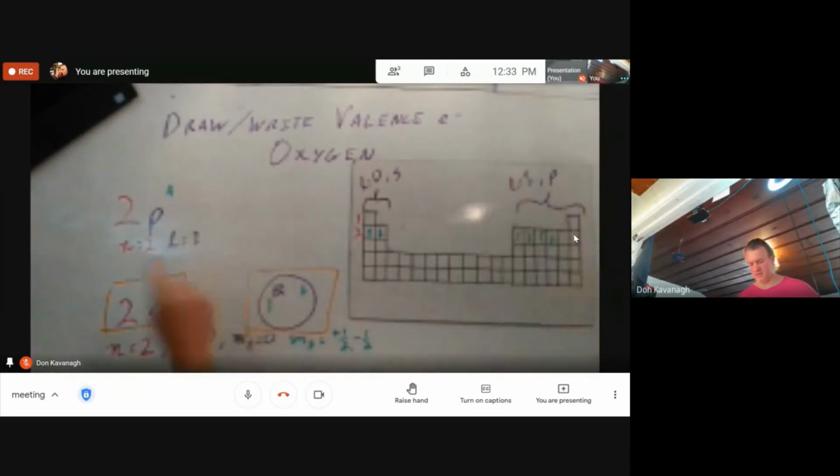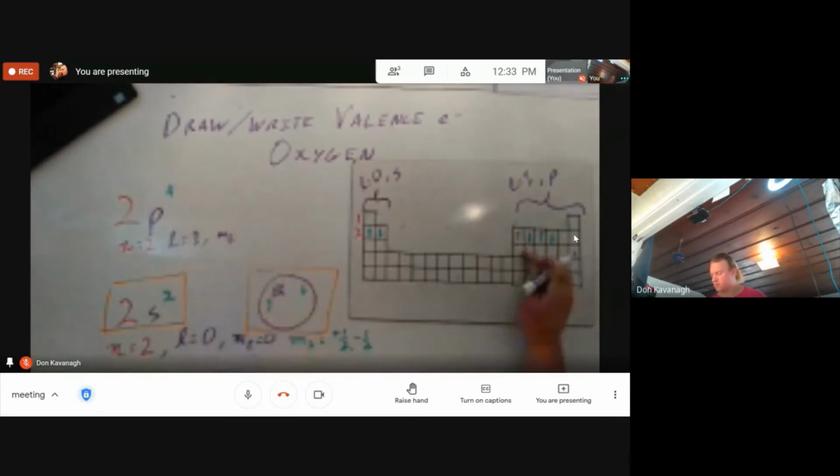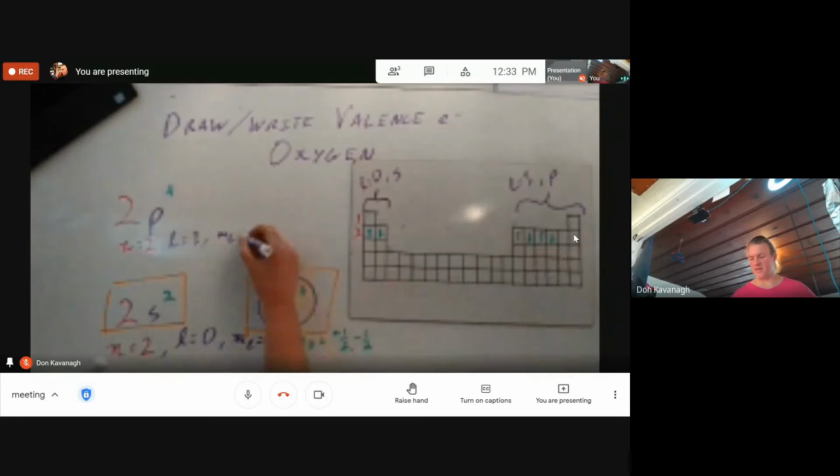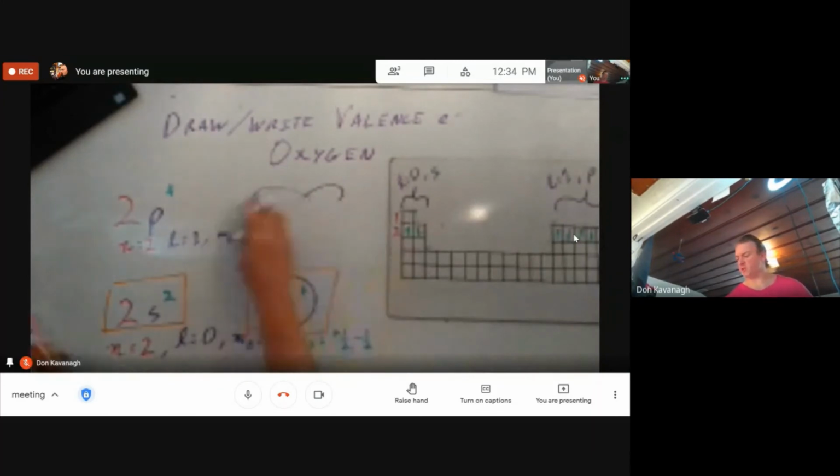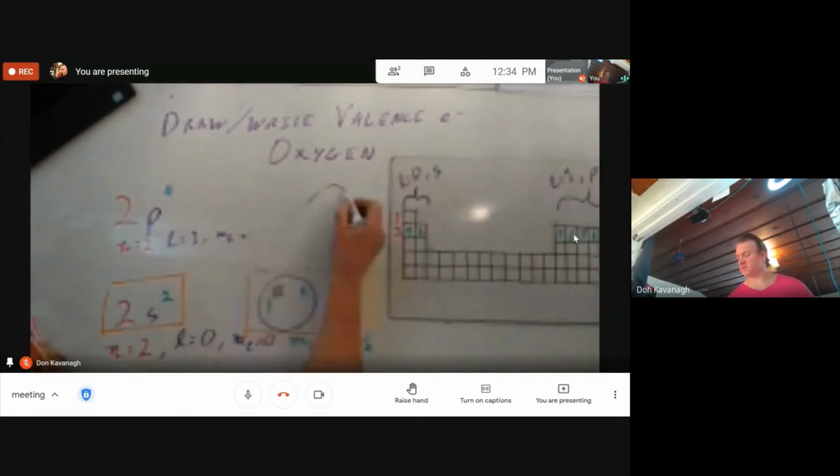M sub L: there are 3 p orbitals, so we need 3 M sub L values. Now they tell us the direction of the shape of the orbital. So the shape is P, which looks like 2 balloons tied together.